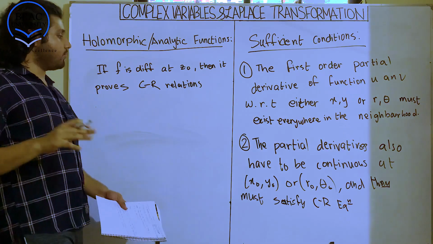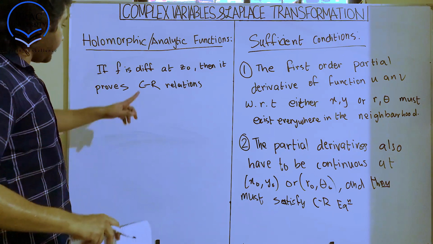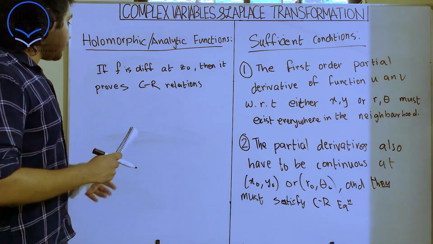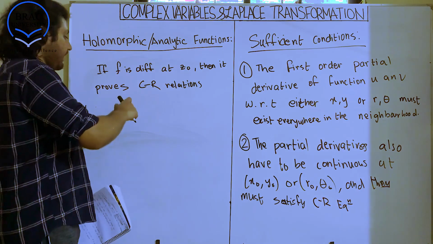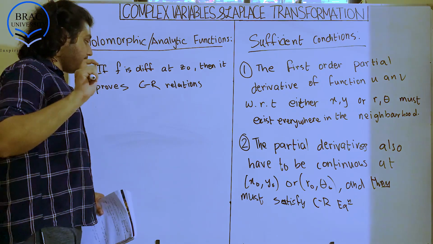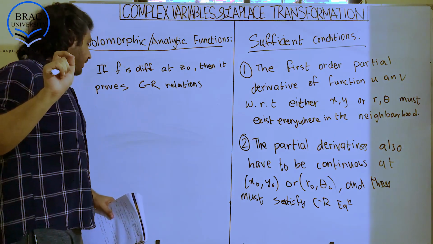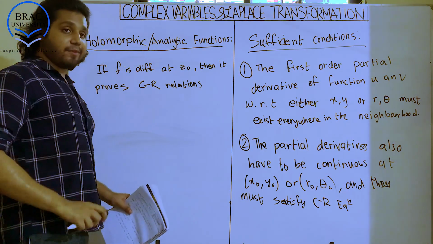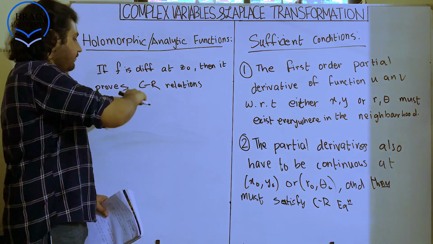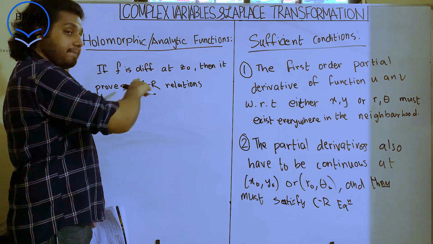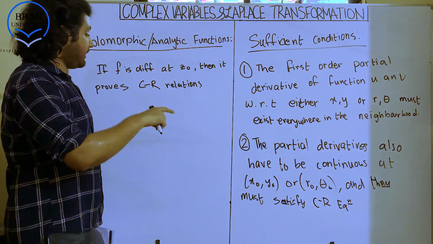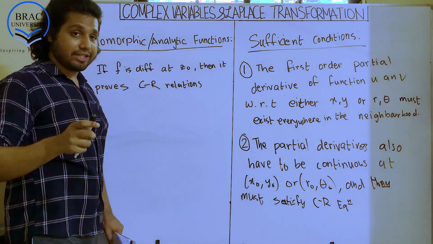But say for example you don't know whether it is differentiable at z0, but you find out, in some happenstance, that your function does indeed maintain the Cauchy-Riemann relations.